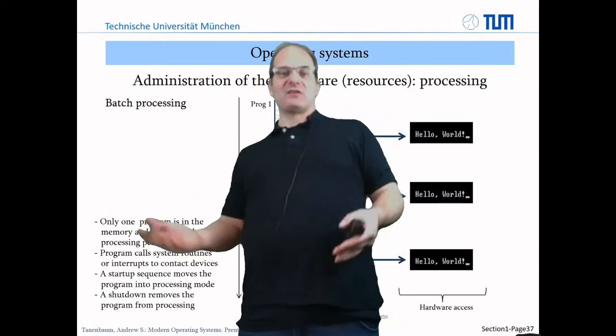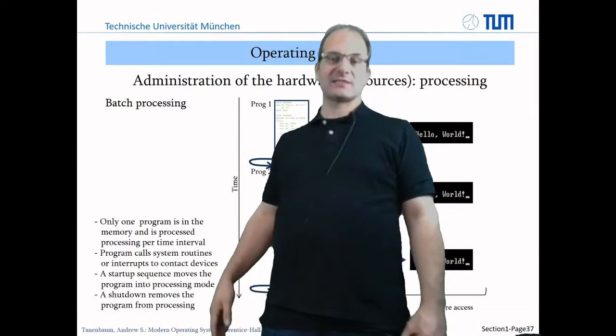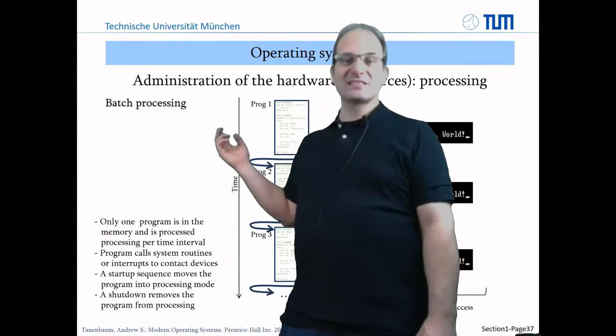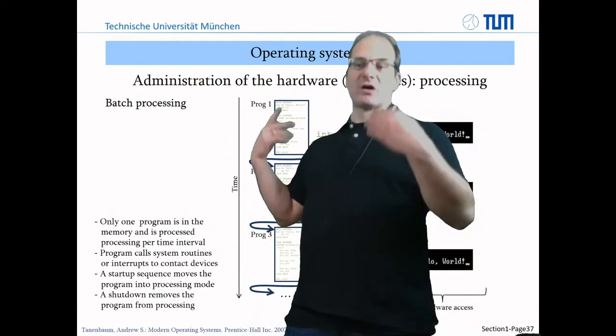So there is nothing to organize. You just have to organize how the sequence is loaded. This is called batch processing. It was one of the first things which happened.